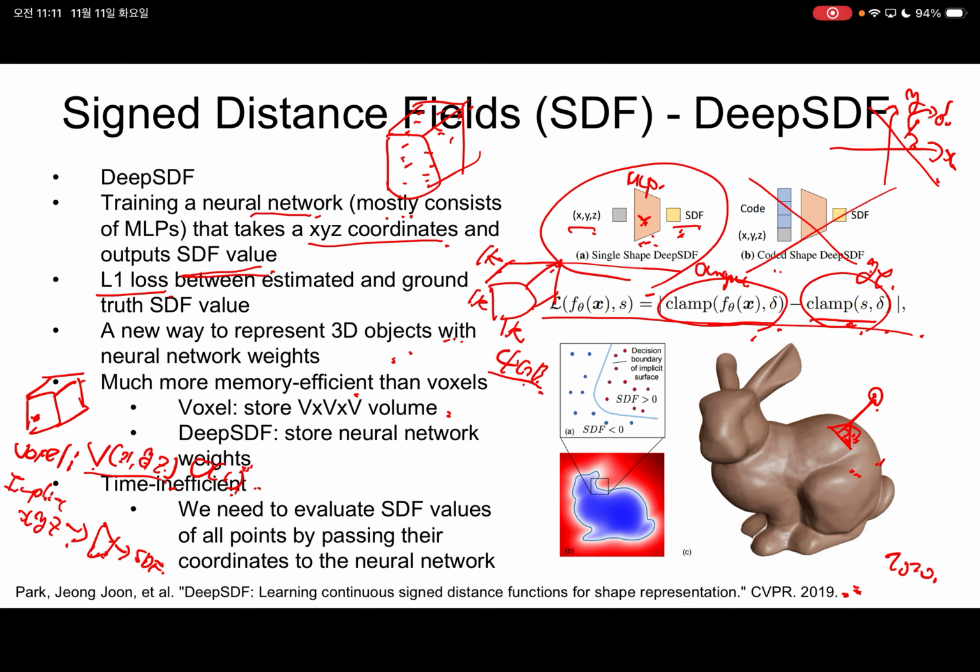That makes it time inefficient compared to voxels or mesh or point cloud. That is the drawback of implicit functions. It is much more memory efficient than voxels, but very time inefficient, very slow.